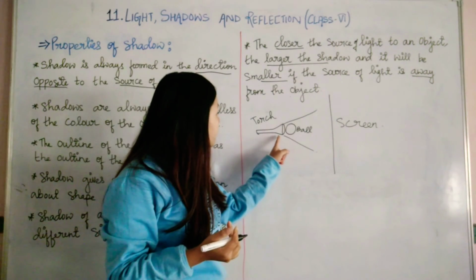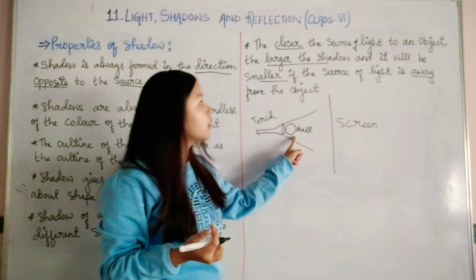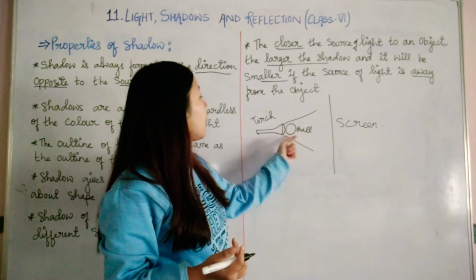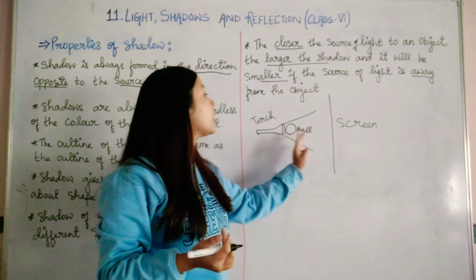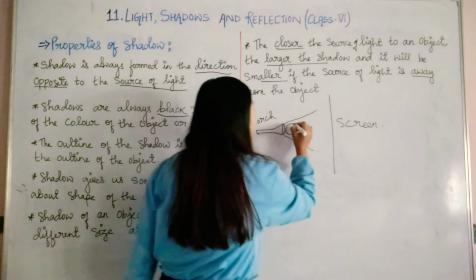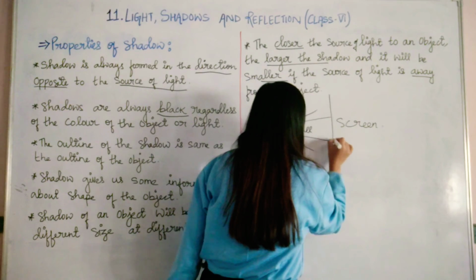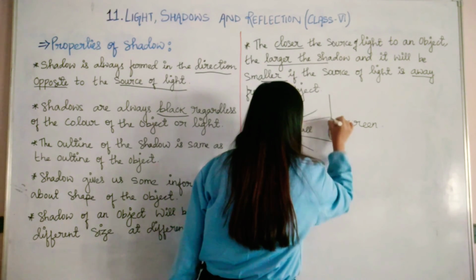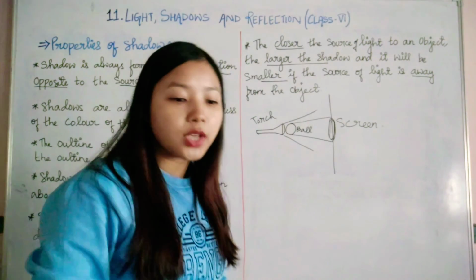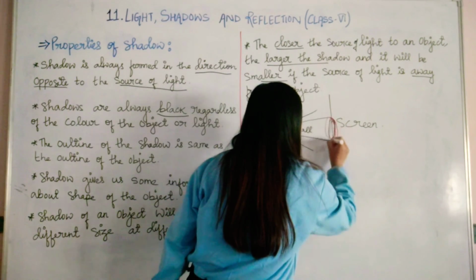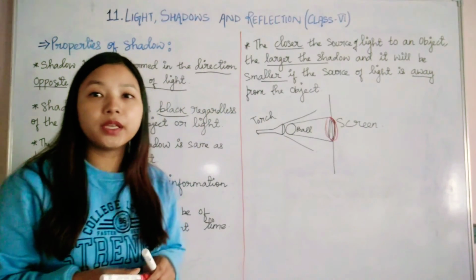The light from the torch is falling on the ball. Now, as the torch and the ball are very near to each other and the screen is far away, what will happen? You will see that the shadow of the ball will be this big. This will be the size of the shadow, bigger.